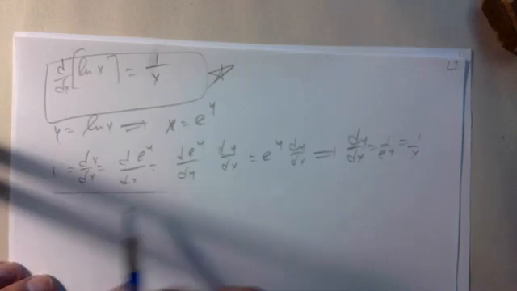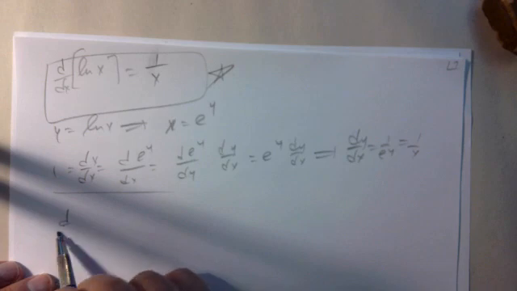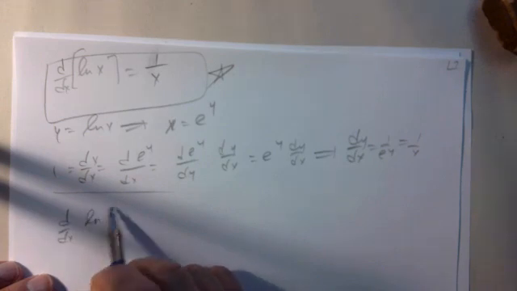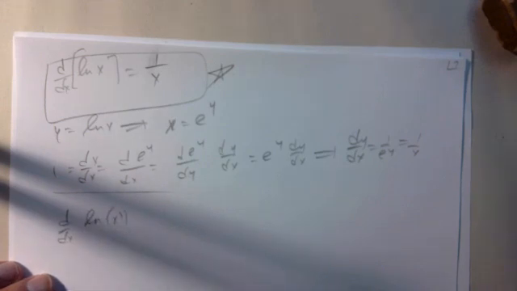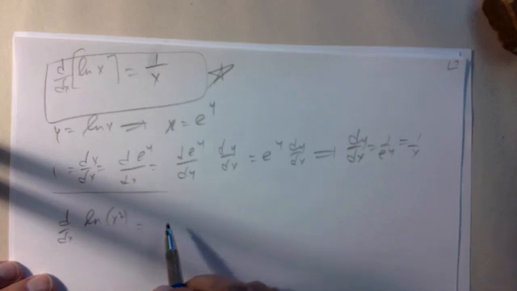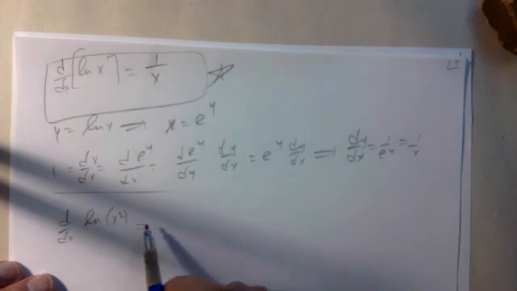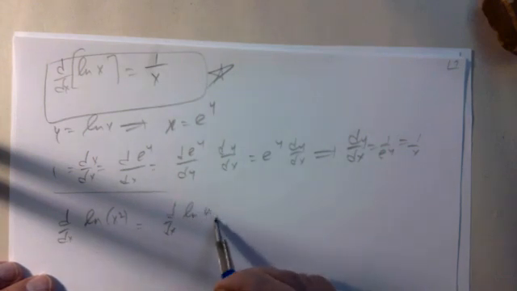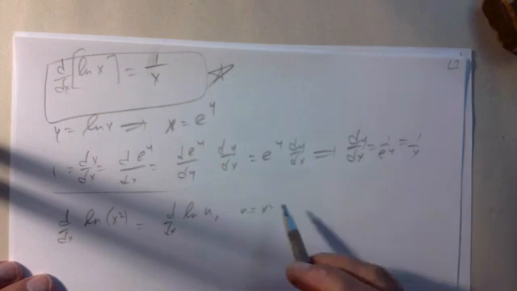So suppose, for example, we wanted to find the derivative of the log of x squared. Of course, we could use the chain rule. This would be the derivative of the log of u, where u is equal to x squared.